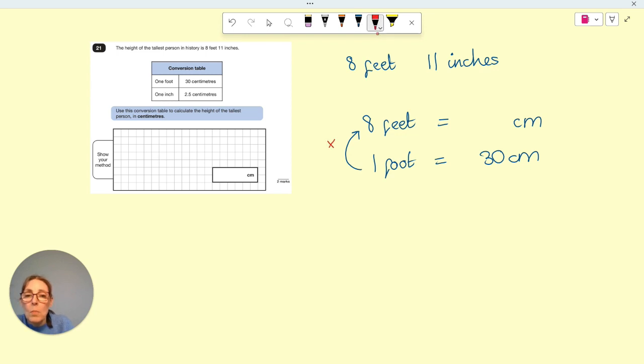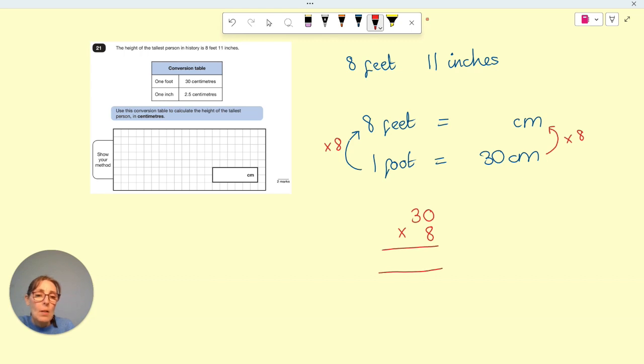You have to multiply, and 1 multiplied by 8 is 8, and 30 multiplied by 8, because what we do to one side we've got to do to the other. So 30 times 8, I'm thinking it's 3 times 8 times 10, because I could split 30 into 3 times 10, so I think it's 240, but let me just check.